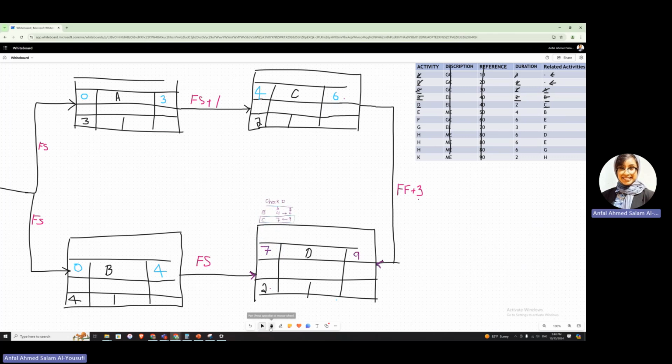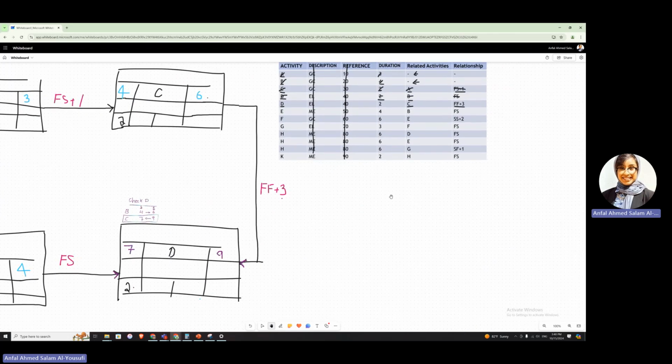Okay, let's move on to the second part. So we're done with both of these. Now we know why we took the bigger number and why we took the one coming from C. Let's do E. The duration for E is 4 and the related activity is B. It is finish to start. Where is my B?